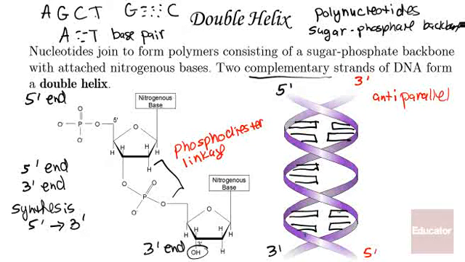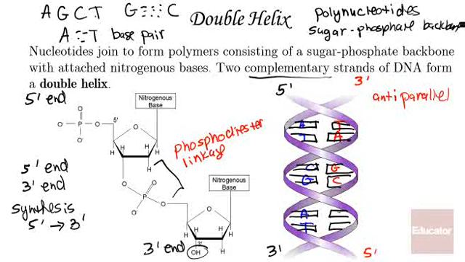And so here we have the sugar phosphate backbone. And then let's say this nitrogenous base here is A. And T, C, G, A, T. The complementary strand, since A pairs with T, this complementary strand is going to have a T. T pairs with A, the complementary strand will have an A. C is going to pair up with G. So you're going to have a G here.